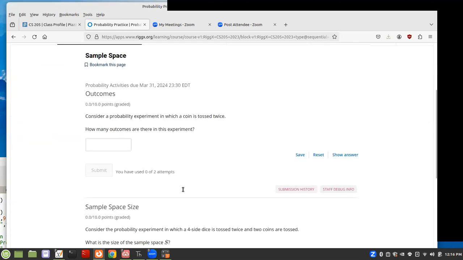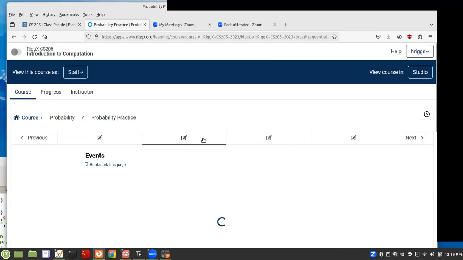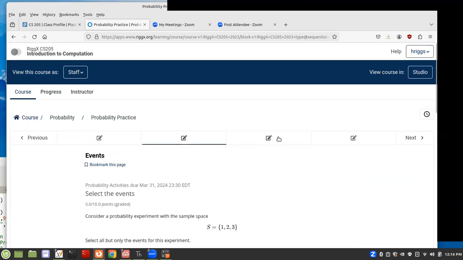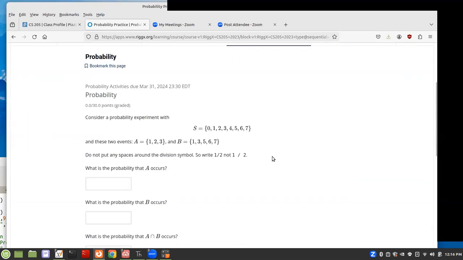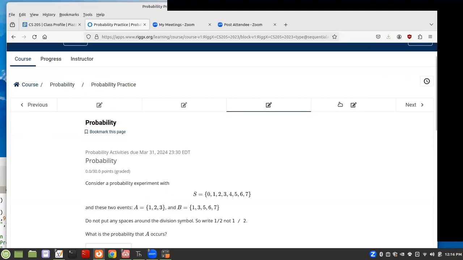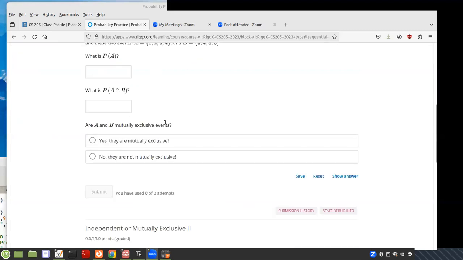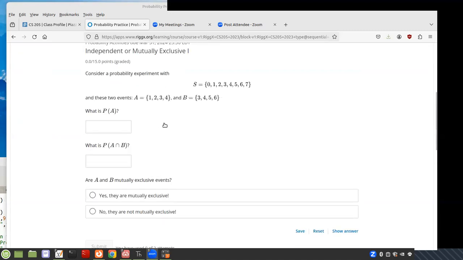All deal with sample space, outcomes, events, right? And probability, giving you some examples. And kinds of events, mutually exclusive events or independent events.